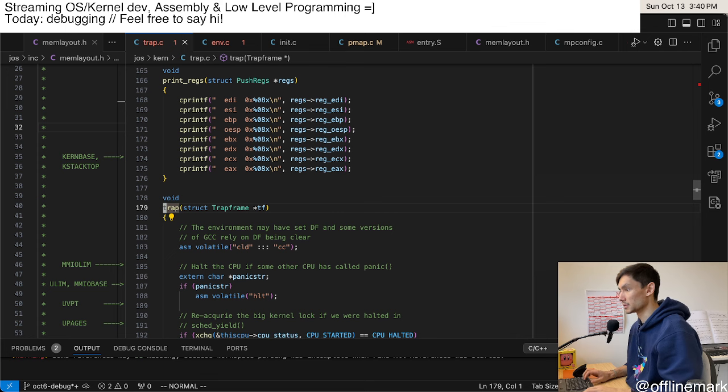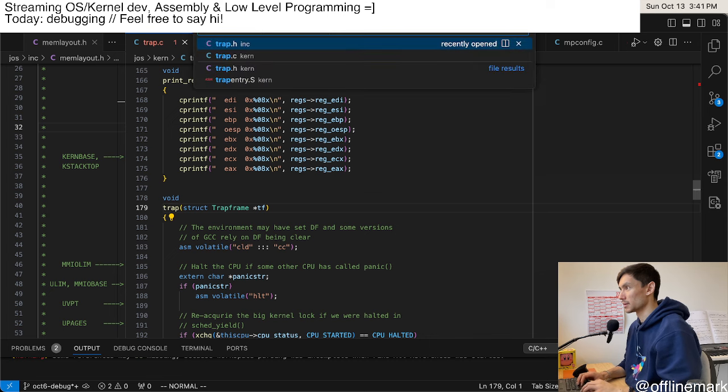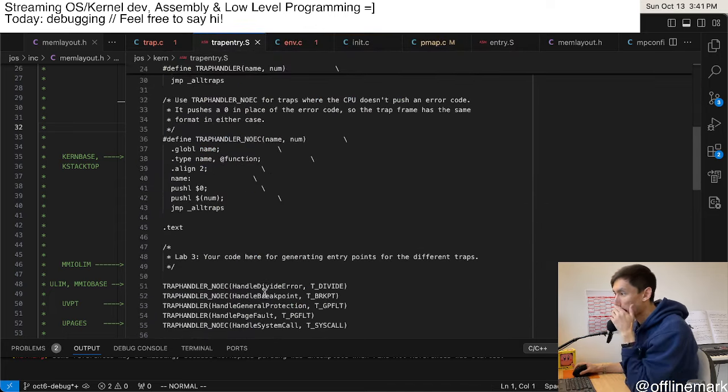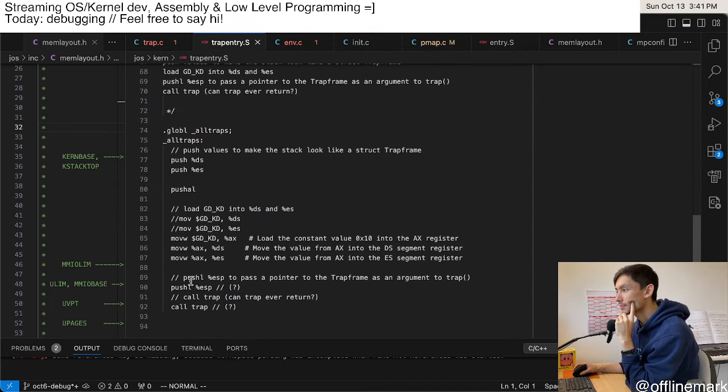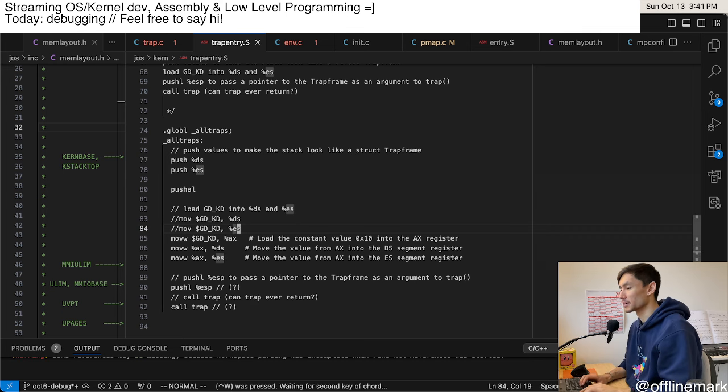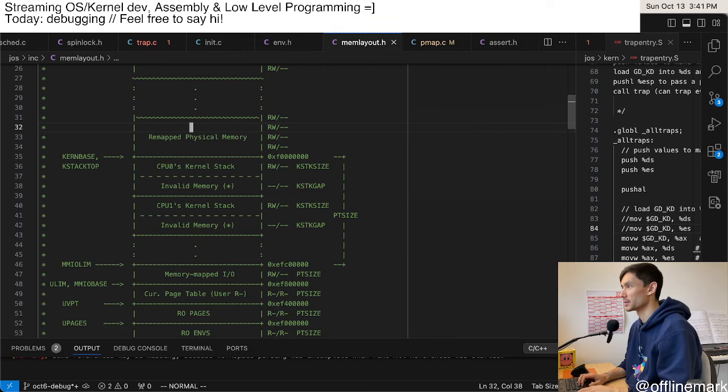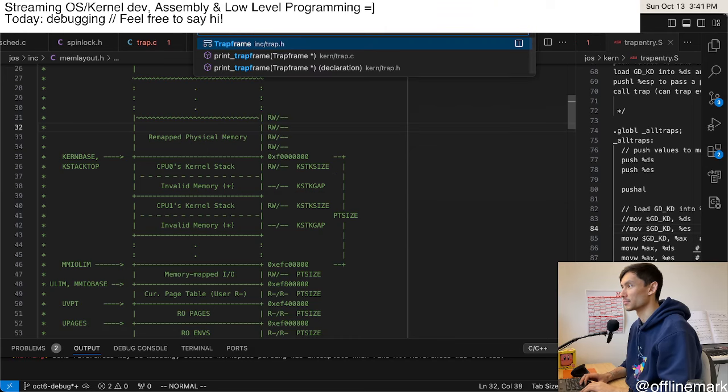The trap frame is constructed, trap.as, oops, trap.entry. Something like here. Let's see. Where do I find the trap frame?